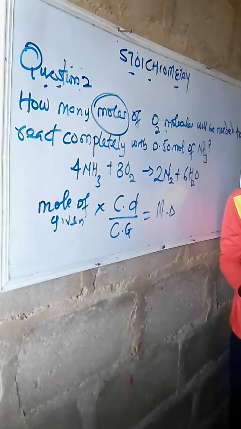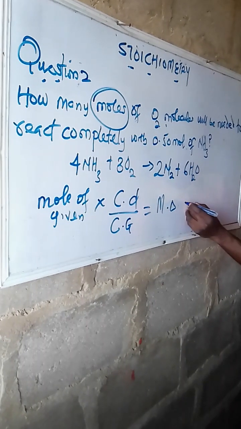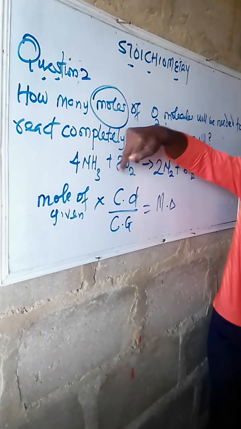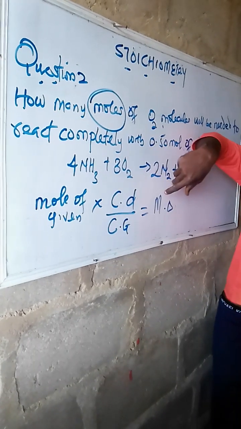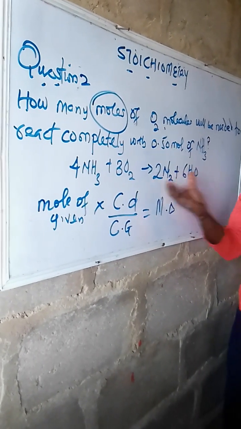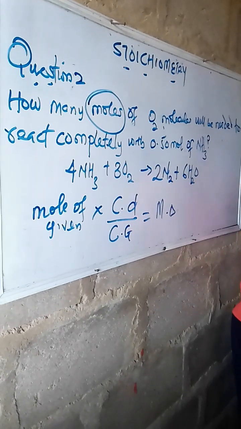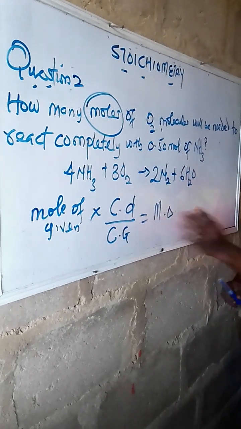Are we together? Now what follows? We have to know our coefficients of this chemical reaction, right? But do we really need the product side or the reactant side? We need the reactant side. You are with me. Now what are the reactant side?